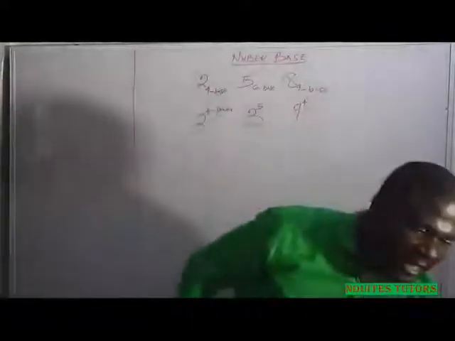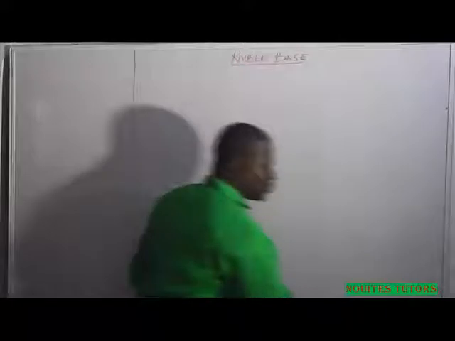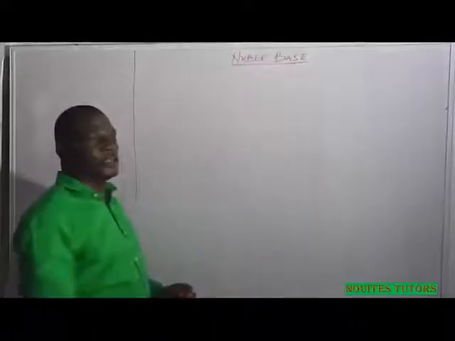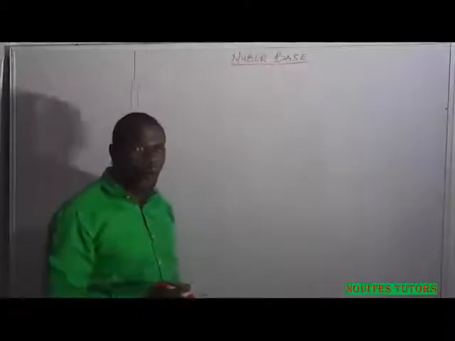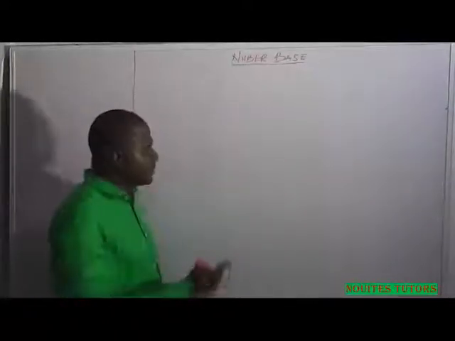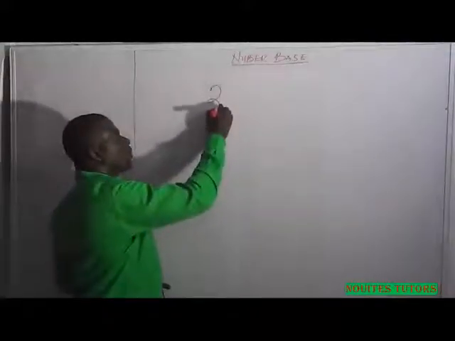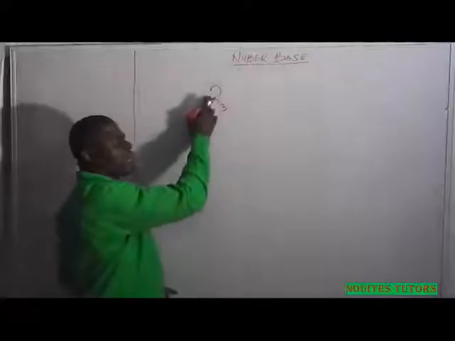Okay, having said that, the next thing is that you must know that in number bases, the base must always be bigger than the number. That is, if I have 2 and I write base 3, you can see that the base is bigger than the number.